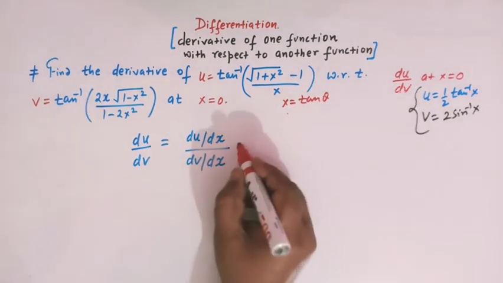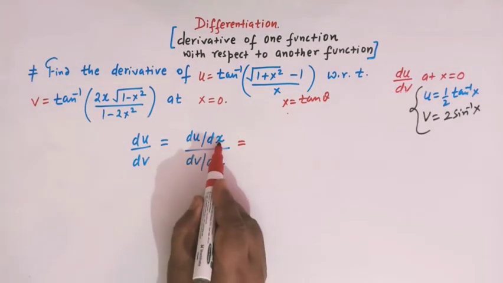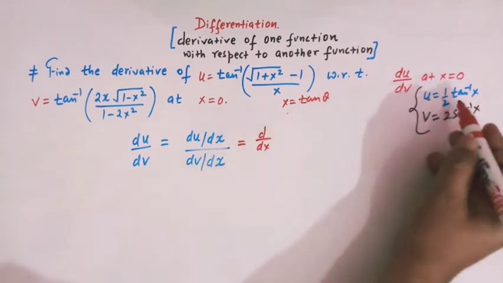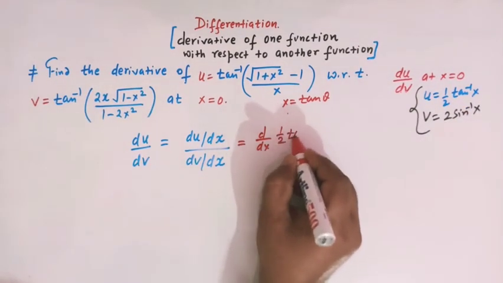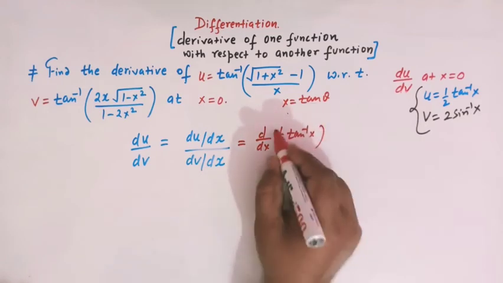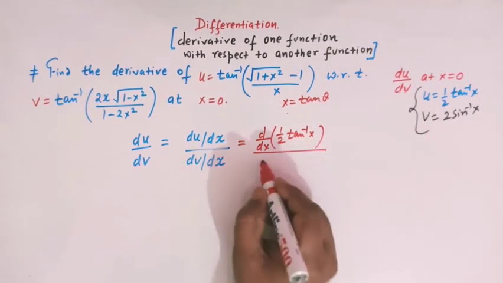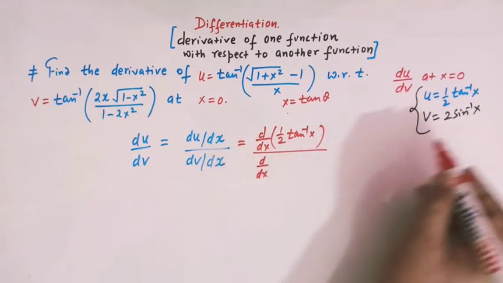So now in the numerator we have the derivative of u with respect to x, so we have d by dx of u, and u is half tan inverse x, right? And in the denominator we have dv over dx, that is d by dx of v.